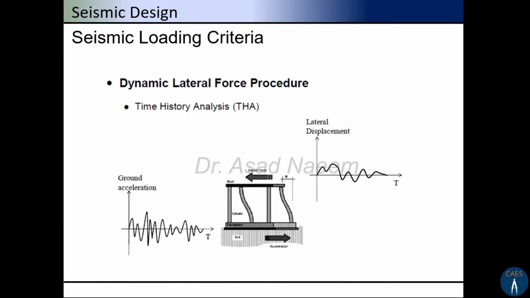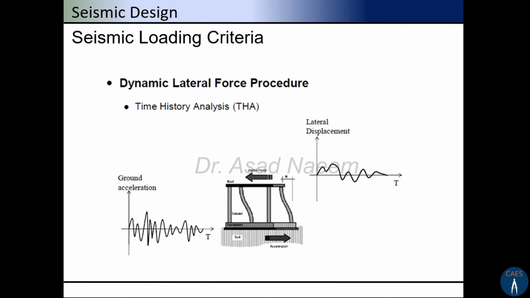Time history analysis. In this, we take an actual ground acceleration in different components x, y, and z, and then we apply it on a structural model. It can be a linear or non-linear structural model if we have provided the non-linear properties of the building structure.